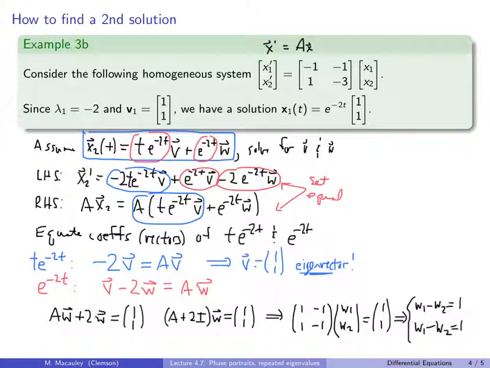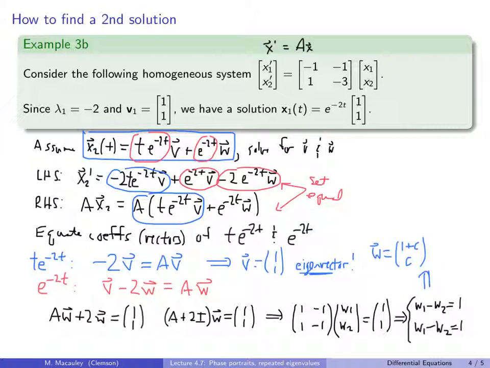So what this says is, let me see how I want to write this. So that says that whatever w2 is, w1 is 1 more. So for any value of c, this works for w.